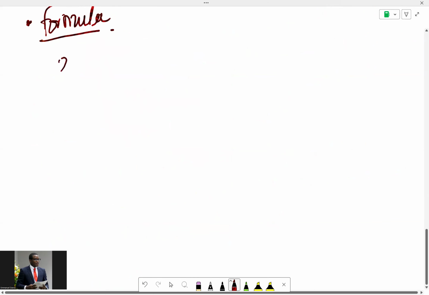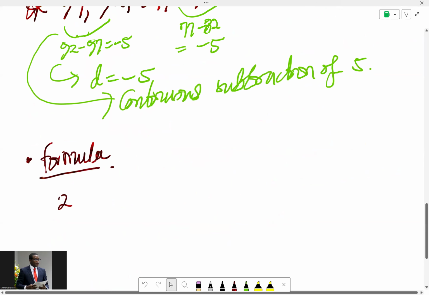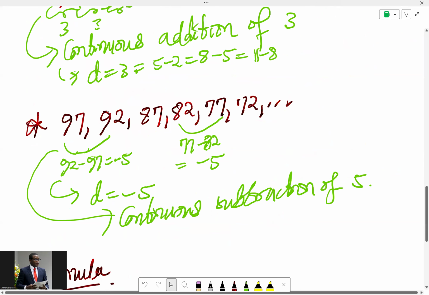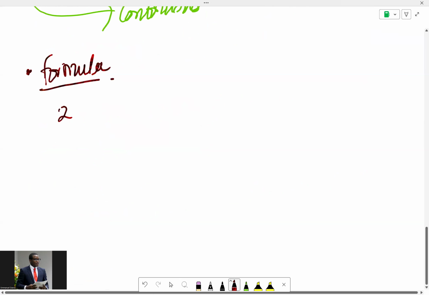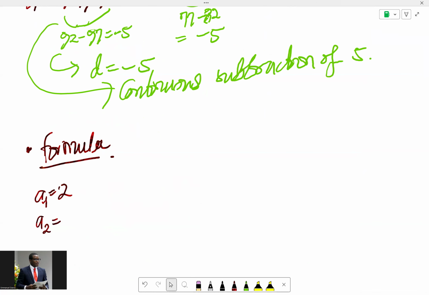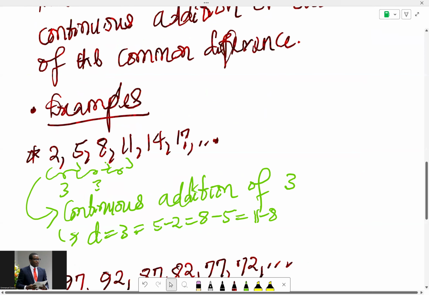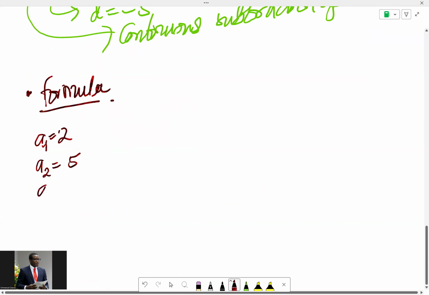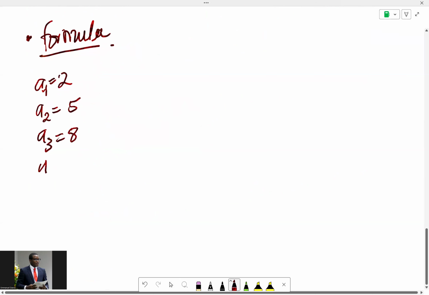You have 2, which we call the first term. That's A1 is the first term. Then A2 is 5 from the first example. A3 is 8, then A4 is 11, A5 is 14.